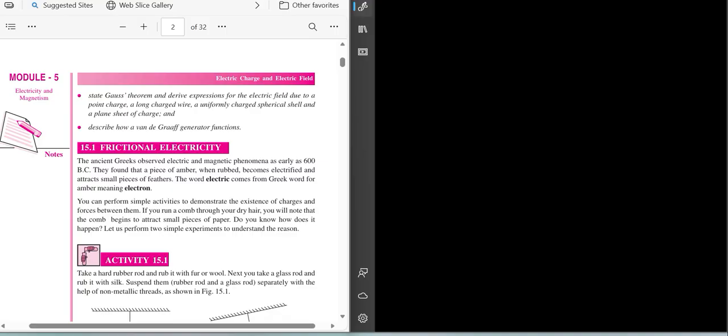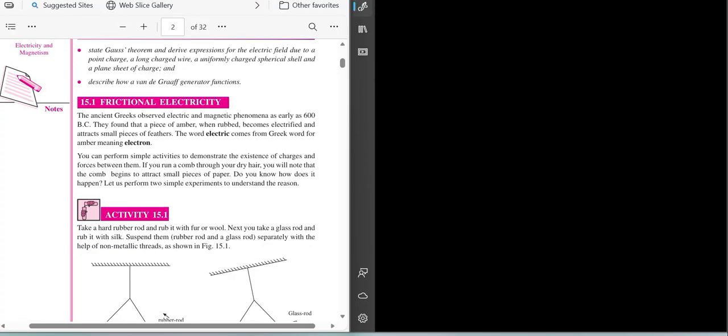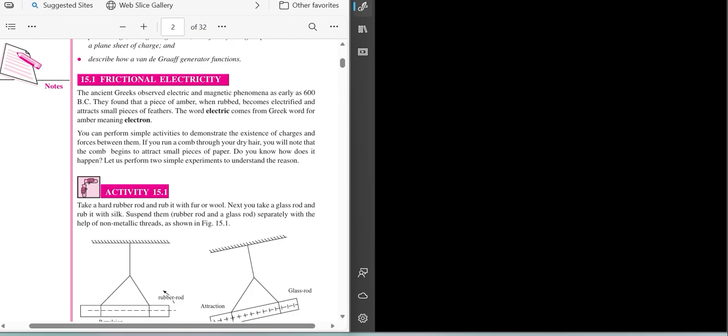Then there are other phenomena, like when we slide down a slide, sometimes our hair stands up when our hand rubs against the side rod of the slide. All these phenomena are related to frictional electricity.